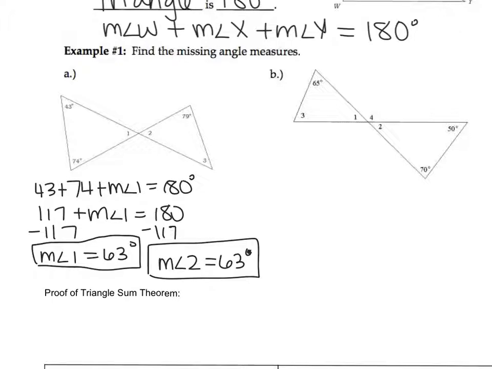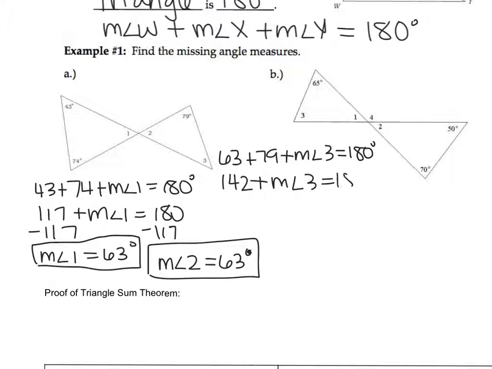Now that we know 2 of the 3 angles in that second triangle, we know that 63 plus 79 plus the measure of angle 3 is going to equal 180 degrees. 63 plus 79 is 142, plus the measure of angle 3 equals 180. Subtract 142 from both sides, and we get that the measure of angle 3 equals 38 degrees.